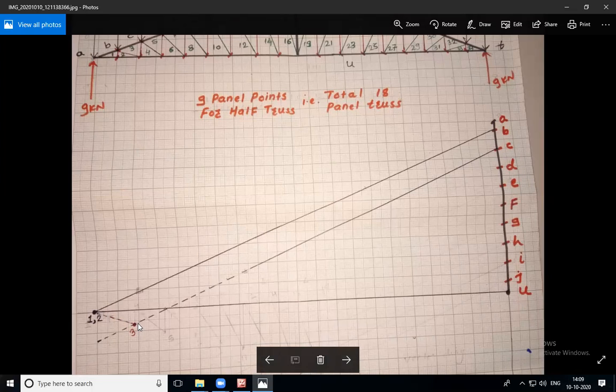Similarly, now that you have the location of 3, from 3 to 4 we have one vertical line, isn't it? Or we can say from 4 to 3, if you consider the clockwise direction, there is one vertical line. So draw one vertical line here.